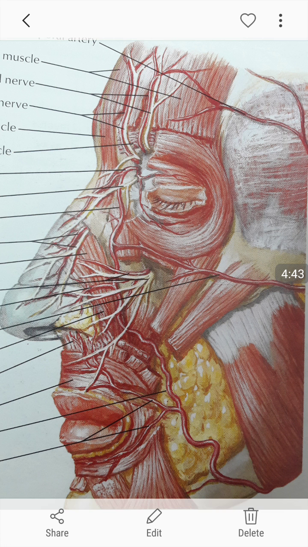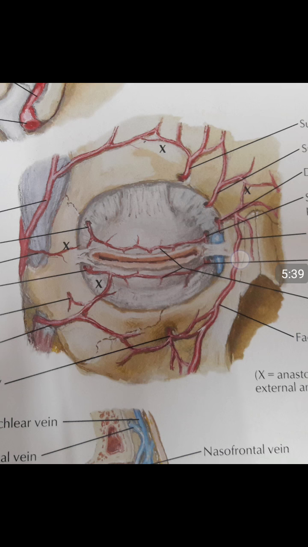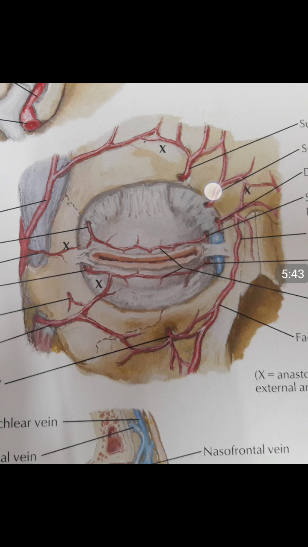So again, this is the superior labial artery, inferior labial artery. This is the anterior view. This is the upper lip. This is the lower lip. Upper lid, this is the lower lid of the eye, and these are the supratrochlear and supraorbital arteries, and this is the angular artery, a terminal part of the facial artery anastomosing with these arteries.